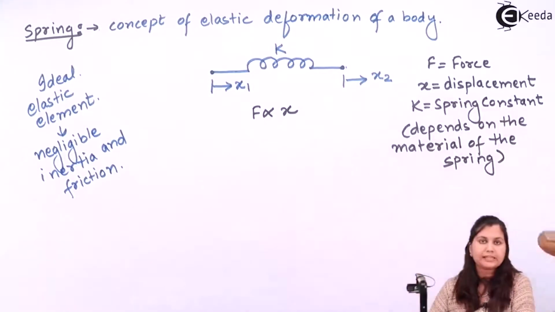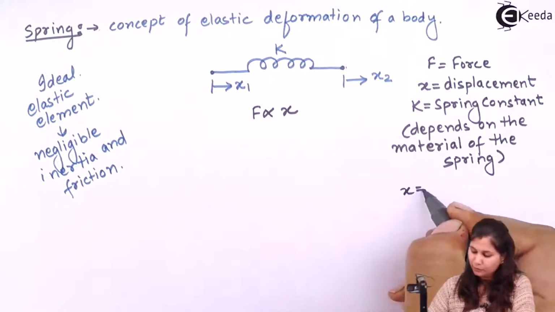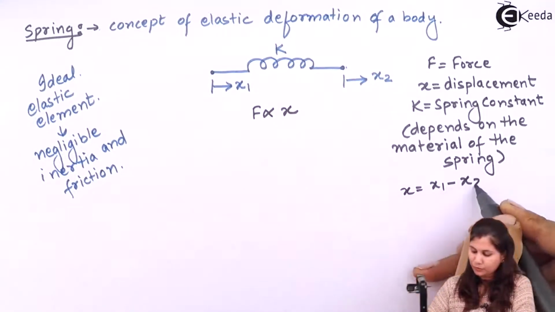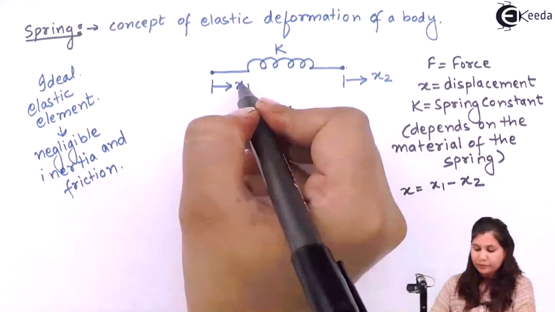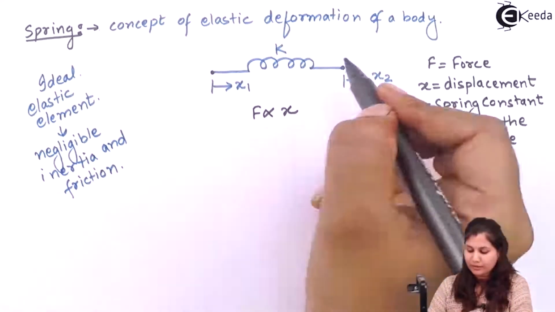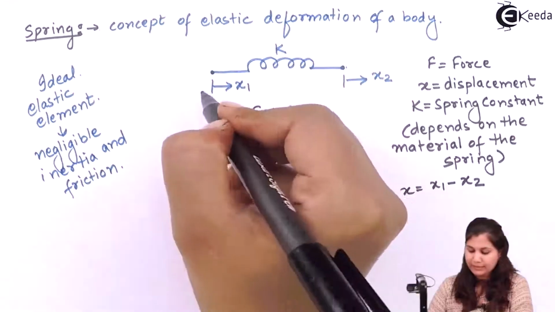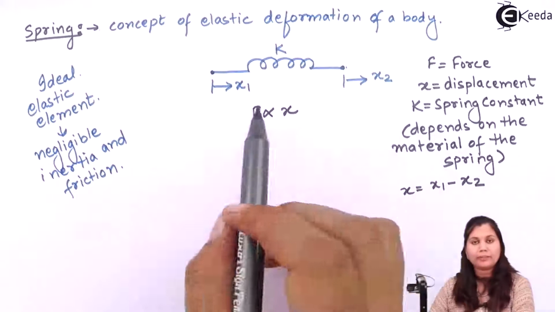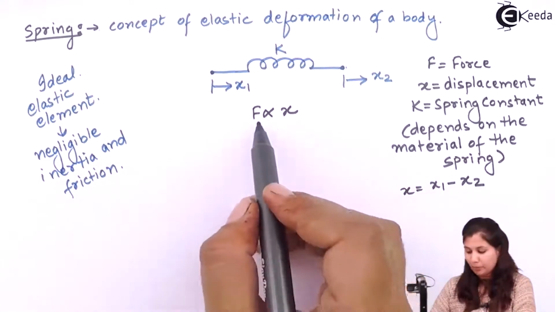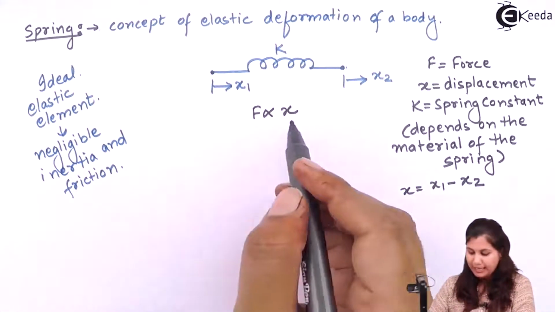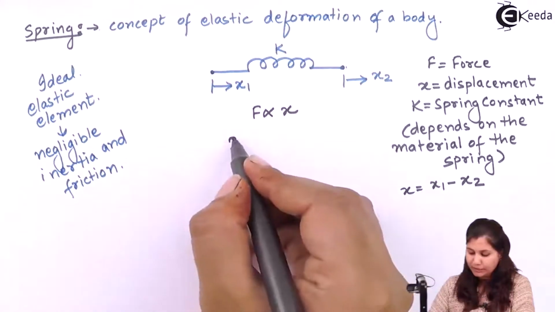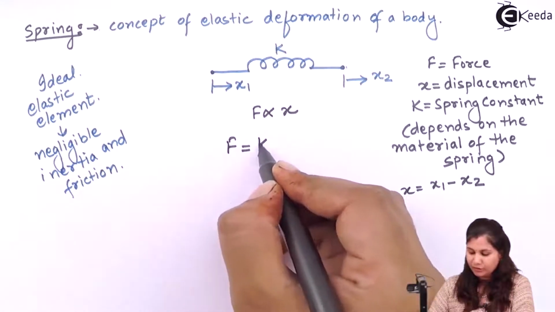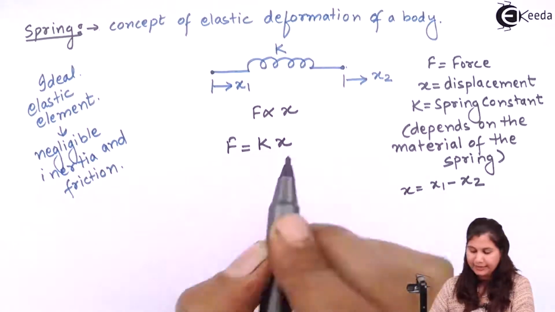And this displacement x is equal to x1 minus x2, that is the position change of these 2 points, or it will be x2 minus x1. So the force applied on the spring is proportional to the displacement, and when we remove the proportionality sign, we get a constant k here and x.